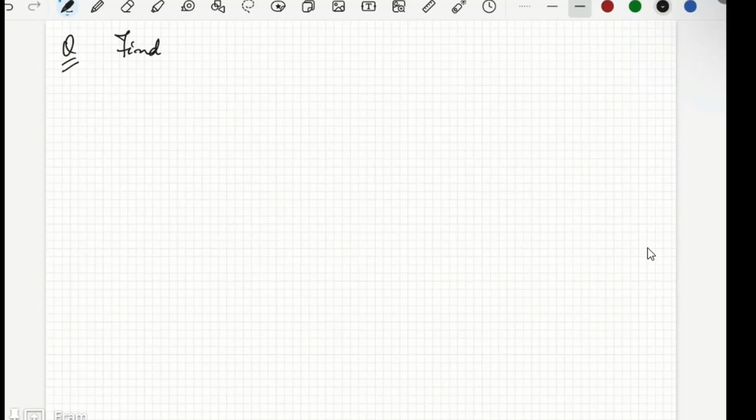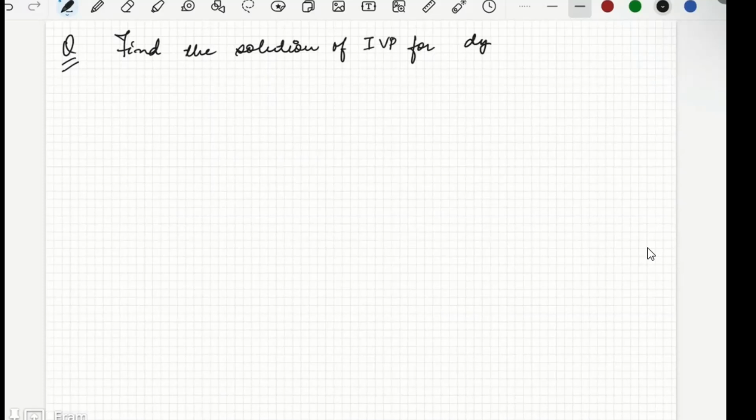So we have to find the solution of the initial value problem dy by dx plus 3y equals x, with y of 0 equals 2.